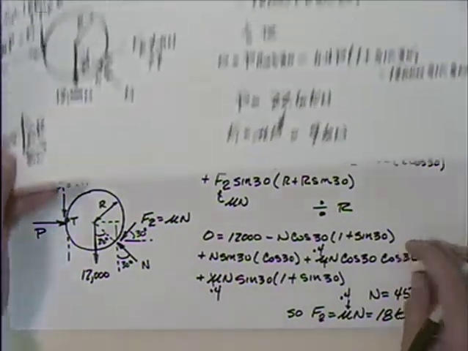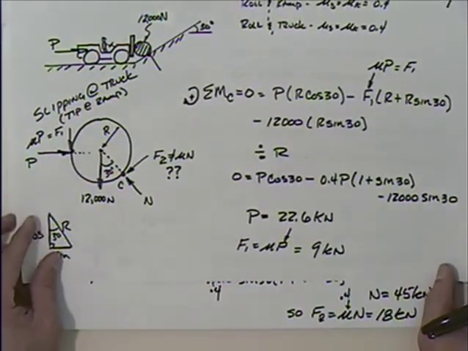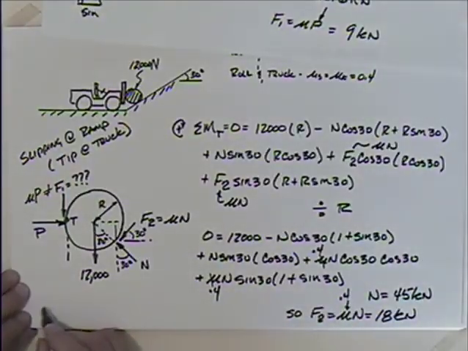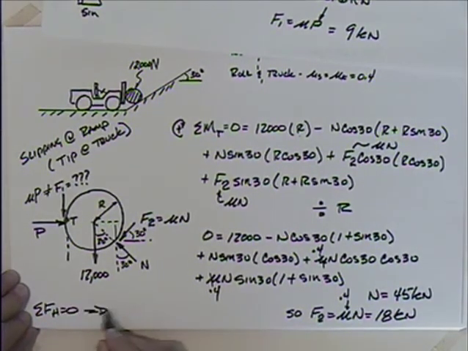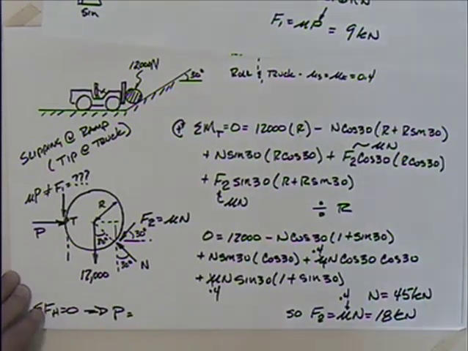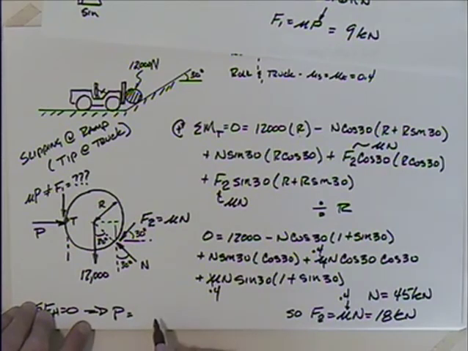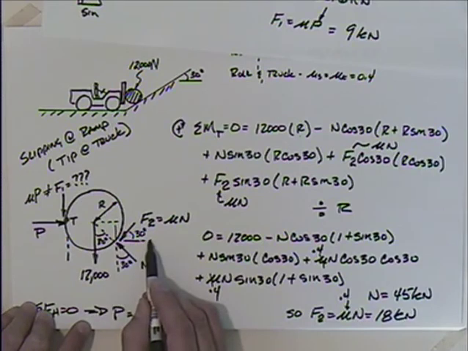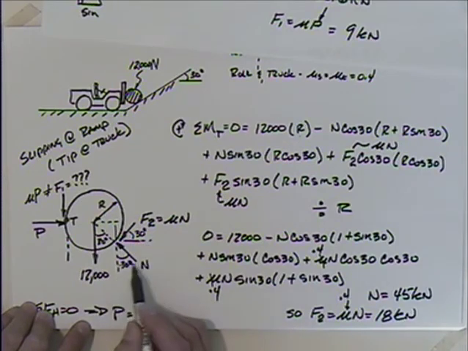So now it's up to us to figure out which scenario. Is it this scenario or is it this scenario? Well, we could come back here and sum the forces in the horizontal direction, setting those equal to 0, and with that we would get P. Everything's vertical except for the horizontal portion of this and the horizontal portion of that.